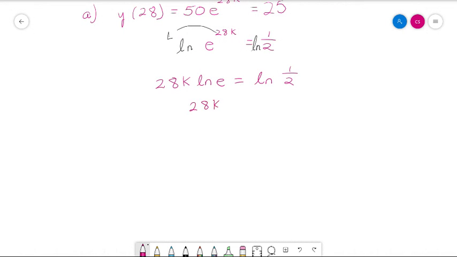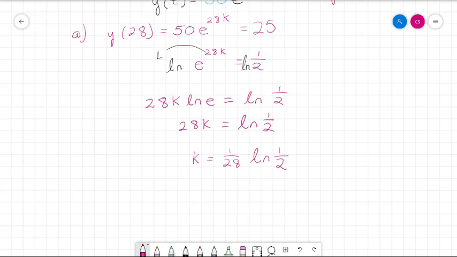And so we're almost done finding our k. All we have to do is divide both sides by 28. And again, I like to think of that as just multiplying by the reciprocal. Let me write that again. That way, when we write it in our equation, we can bring this 1 over 28 into the exponent.